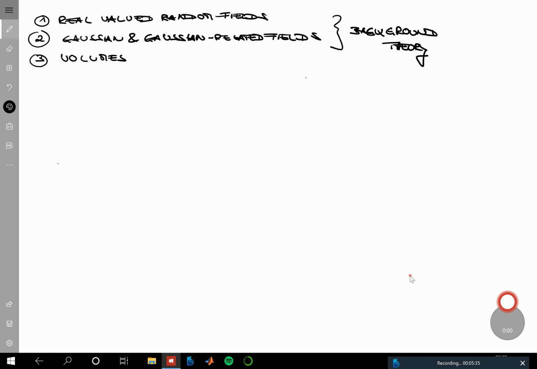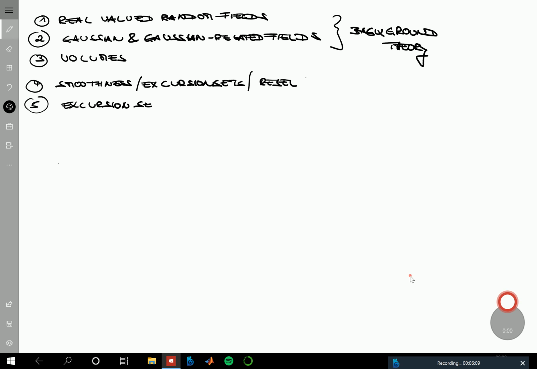This will be a big thing, and we can only introduce smoothness once we talked about volumes, because we need this Resel notion, and we need things like excursion sets. That will be the first application, and then we talk about excursion set features and their distributions, and then we are almost there.